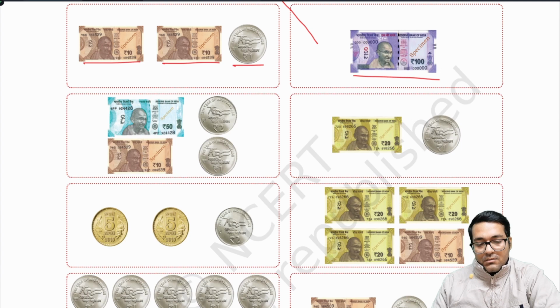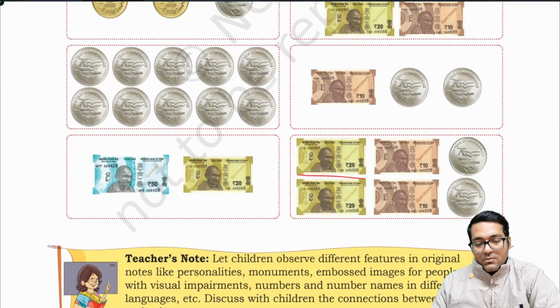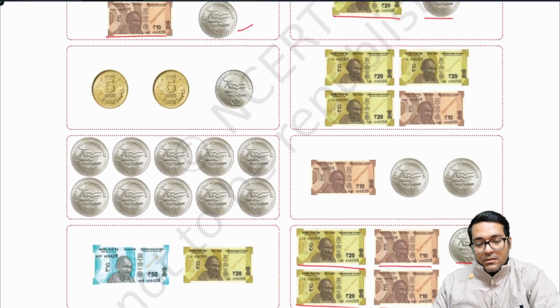You can see it here. 20 rupee and 1 rupee, 21 rupee. 50 rupees and 10 rupees, 60 rupees, 2 rupees and 1 rupee, that is 3 rupees. 60 and 3, 63 rupees. You can see 20, 20, 40 and 10, 50, 10, 60 and 2 and 1, 63.